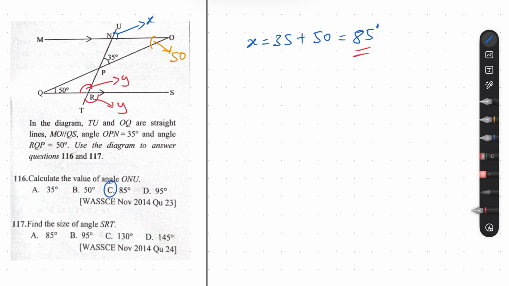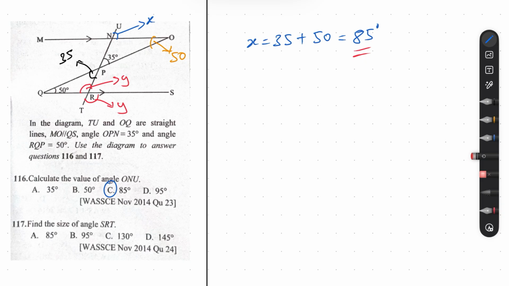Now another thing, when you look over here, we have vertically opposite angles. So they will also be equal to each other. So this angle here is also 35. Now that we know this angle and this angle, we can find Y, because the sum of angles in a triangle add up to 180.